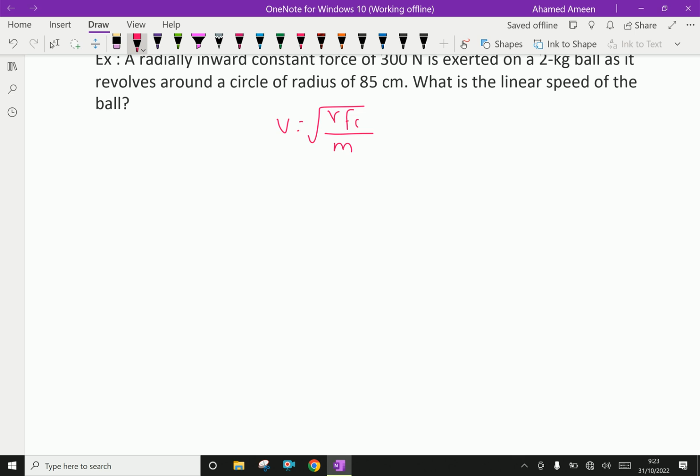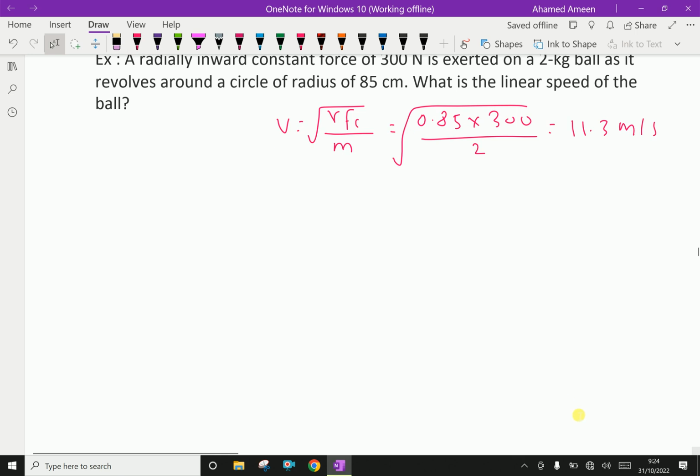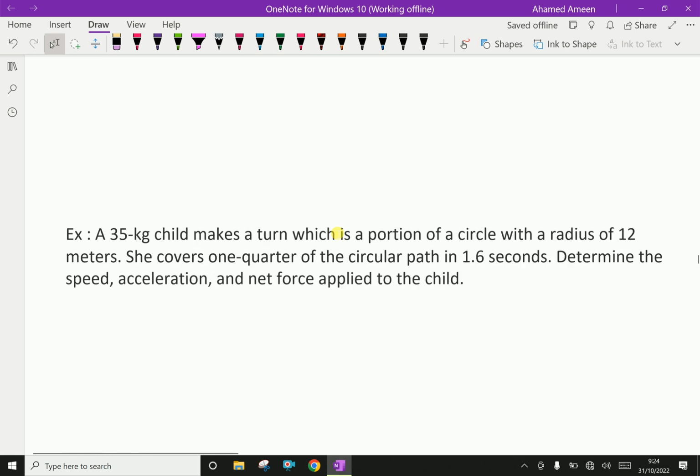The radius is 0.85 because 85 centimeter is 0.85 meter, into Fc, that inward force 300, over mass 2 kg. Here it is 11.3 meter per second. What is the linear speed we found? This is 11.3 meter per second. Next question.